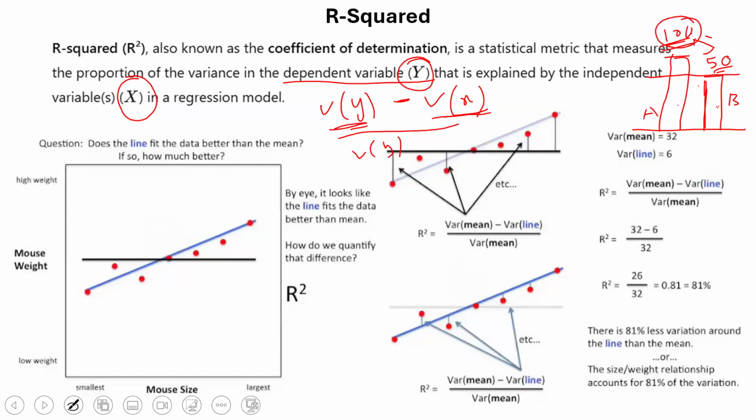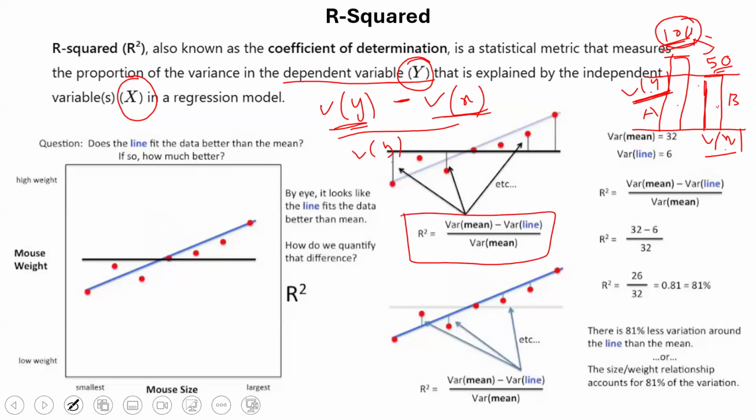So we divide that by 100. Similarly, this is variance of y, this is variance of x. We want to know how much variance of the dependent variable is explained by the independent variable, which is nothing but V of y minus V of x divided by V of y. So that is what R square actually means.